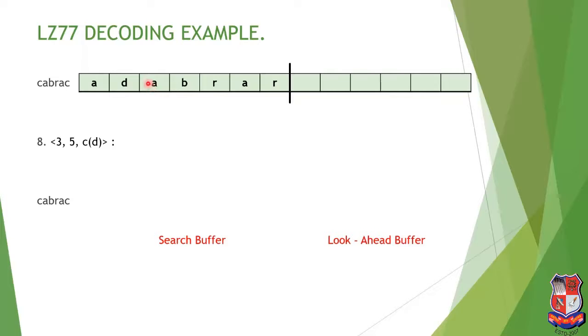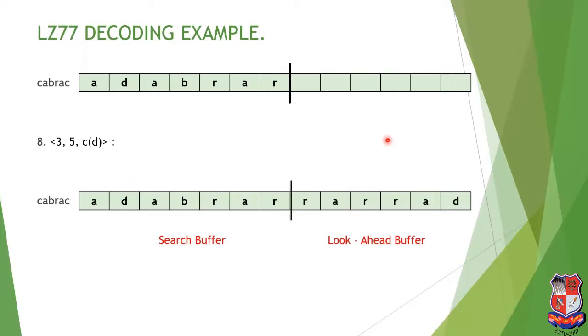We move the symbols A, B, R, A, R and write down the remaining symbols here: C, A, B, R, A, C, because the search buffer size is 7. Now our next triple, in that the offset is 3, length of match is 5 and code word is C of D. So our offset is 3.